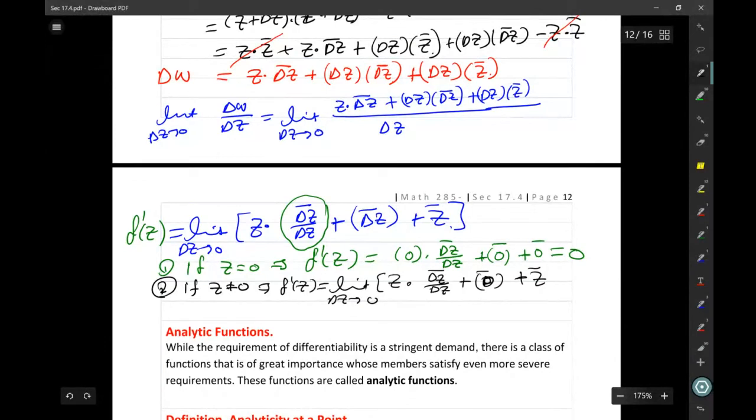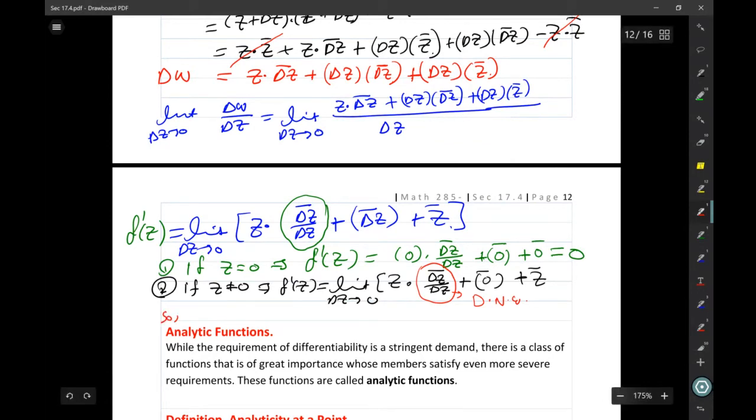When delta z goes to 0, delta z conjugate goes to 0 also, and you will notice that we have done this one in a previous example. This limit does not exist.